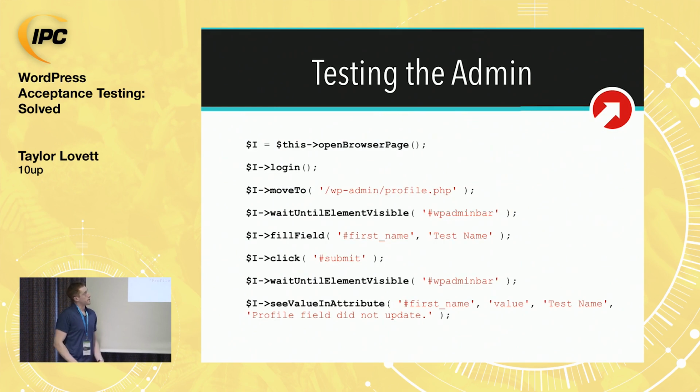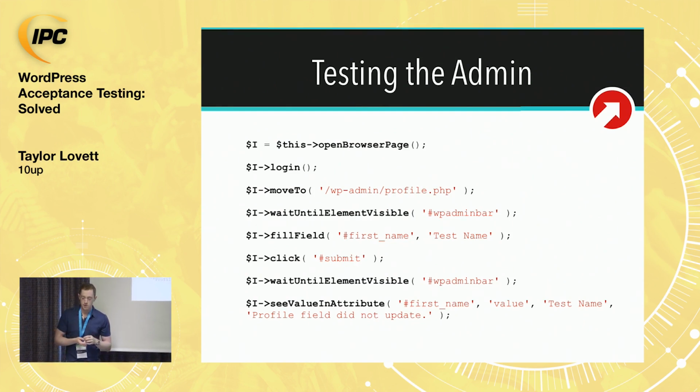So here's another test. This time we're testing in the WordPress admin. Again, we have this I variable. The first thing it's doing is opening a browser page, and then we're calling login. Pretty self-explanatory. This is logging into the WordPress admin. Notice we're not providing any admin username or password.